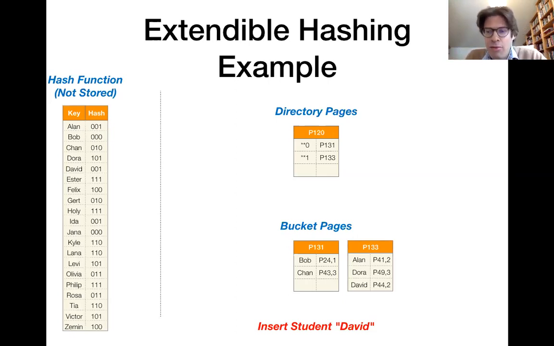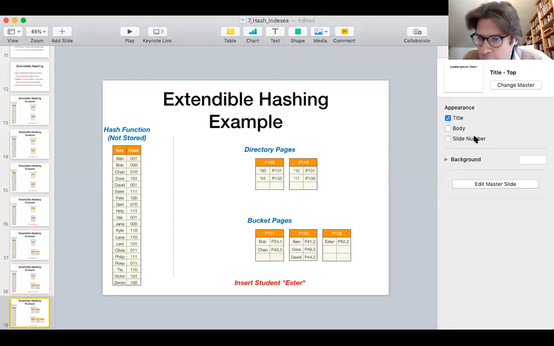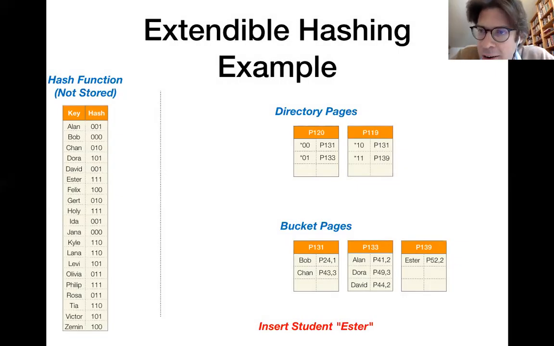So let's do this. So we are adding one new page. We quickly move the chat so I can recognize the page number. And that page is 139. And in the directory, we have expanded the directory, because now we need to consider the last 2 bits instead of only the last bit.